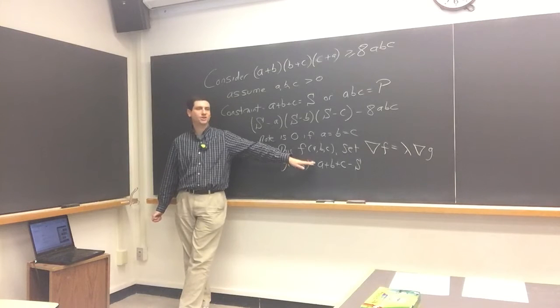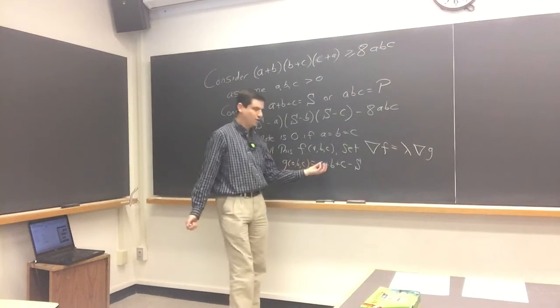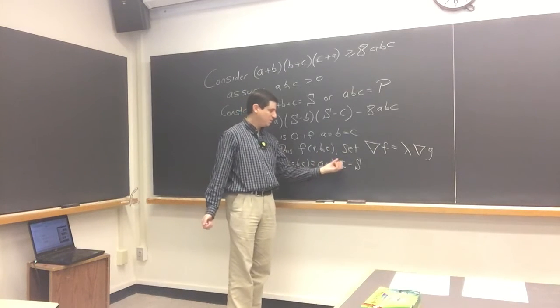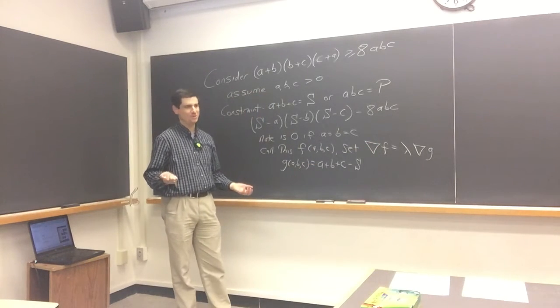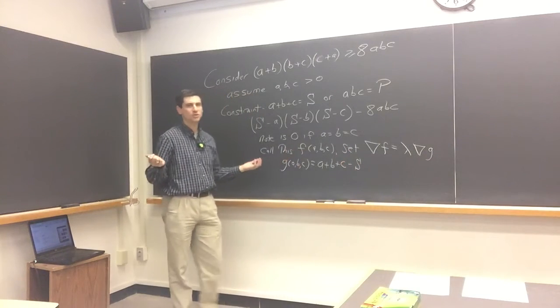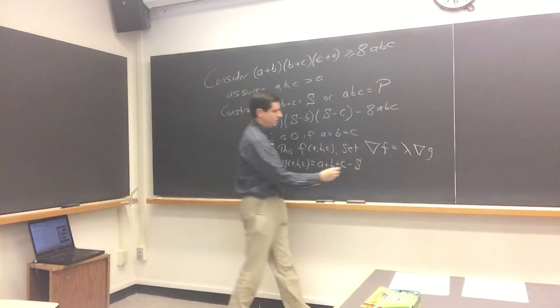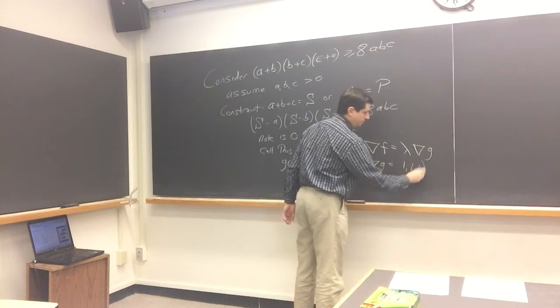If I shift g by a constant, I'm not going to change its gradient. So the question is, do I want to describe my surface as all the points a, b, c such that a plus b plus c minus s equals 0, or do I want to describe it as the set of all points a, b, c such that a plus b plus c equals s? Makes absolutely no difference. And so I would get that the gradient of g is just (1, 1, 1).